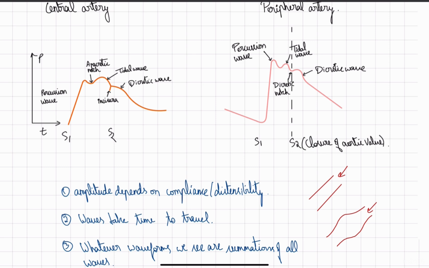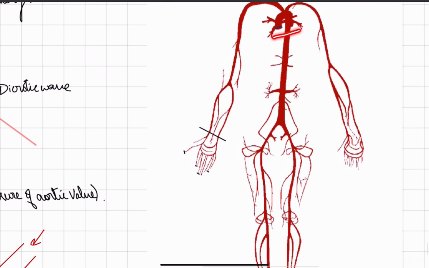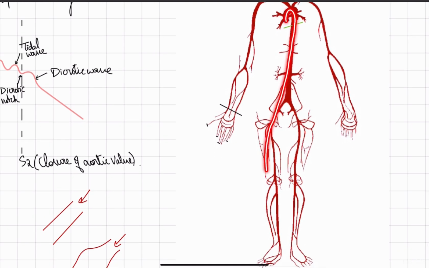So we are measuring here. All right, the percussion wave has started. All right, now it has reached the bottom. Okay, now if it has reached the bottom, the waves would have died out, right? The waves are long gone. So when you measure here, there will be a slight dip.